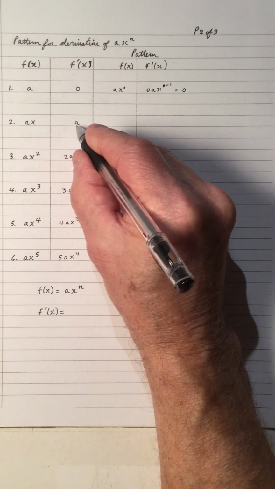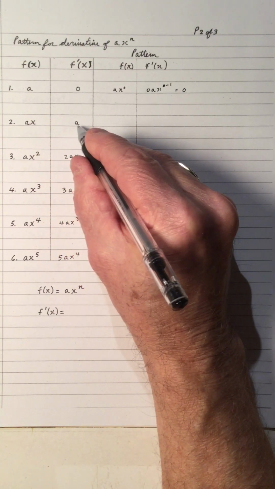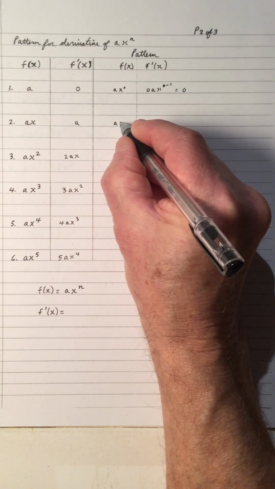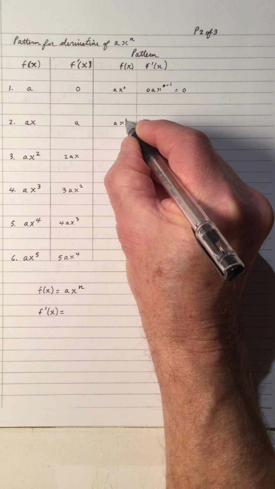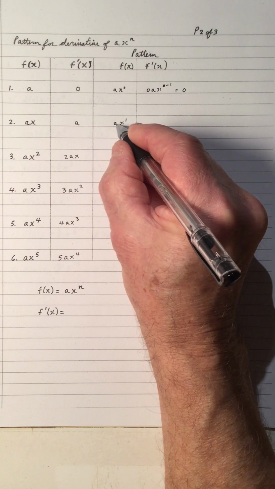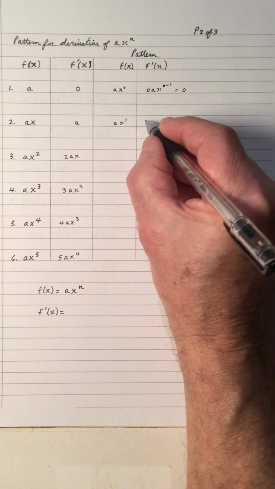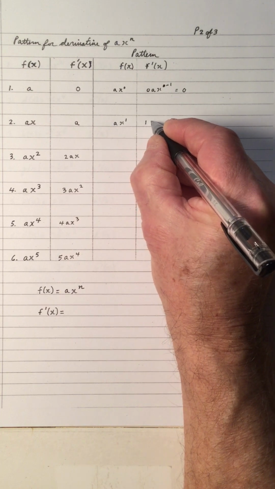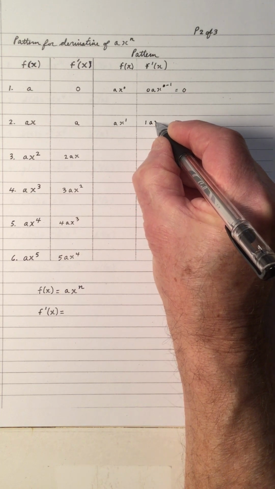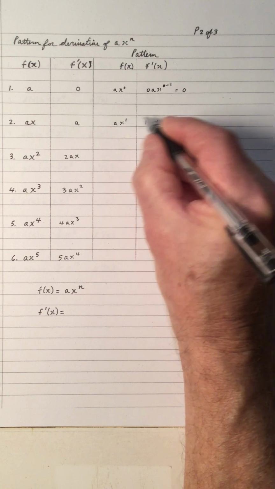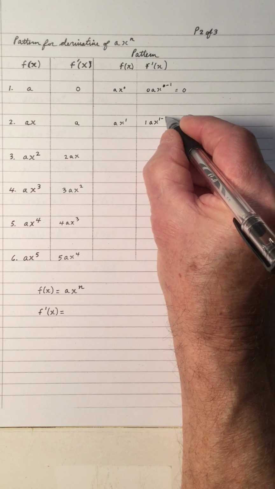Now we have ax, so that's a times x, ax to the 1. So the 1 goes in front, a, and this 1 decreases.